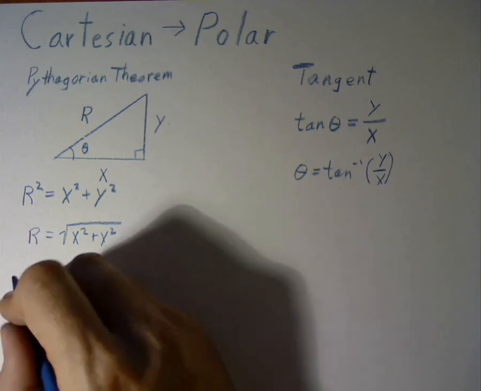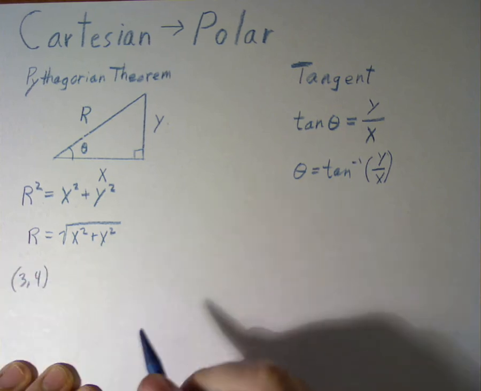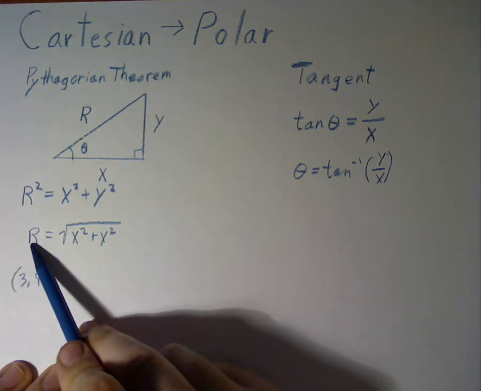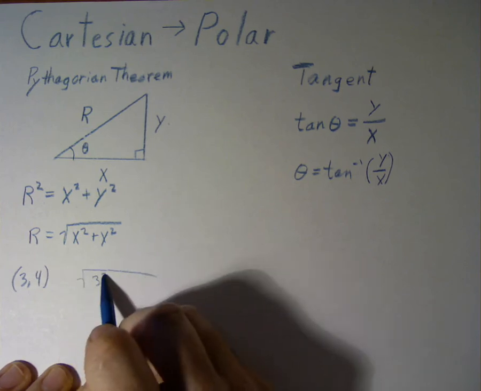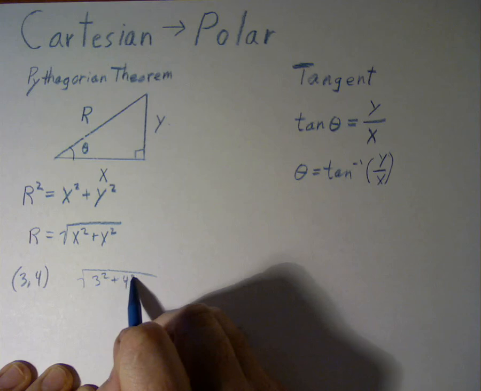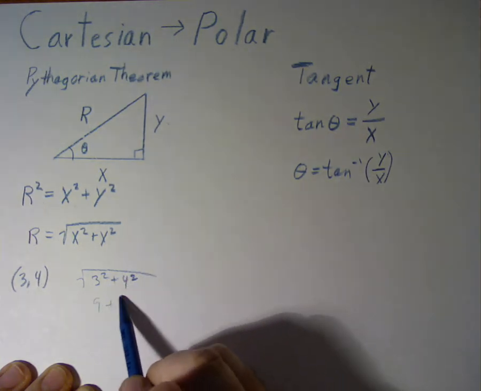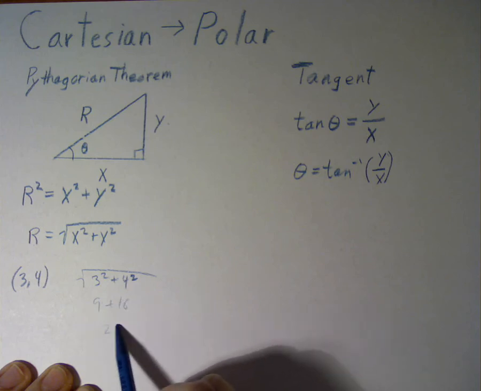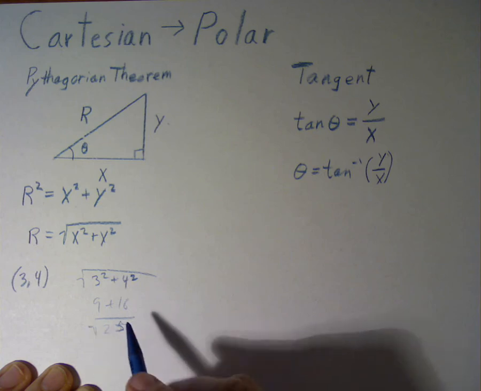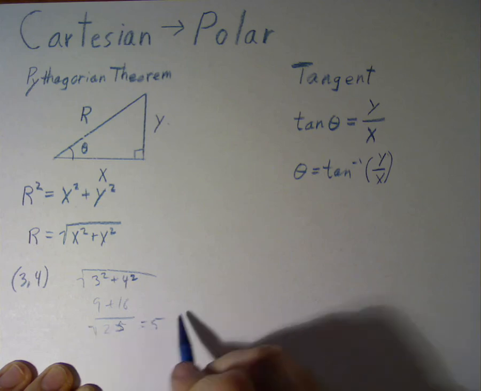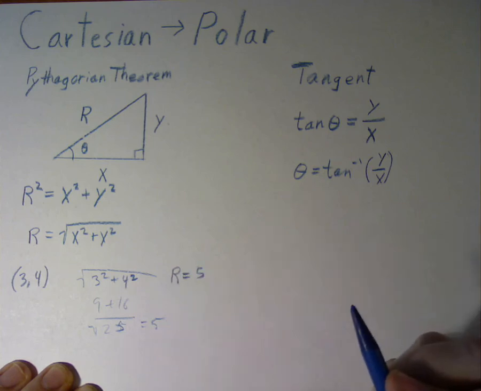If we start with the point coordinate 3, 4, then to find the radius, we do 3 squared plus 4 squared. This gives us 9 plus 16, which gives us 25. Take the square root of 25, we get 5. The radius is 5.